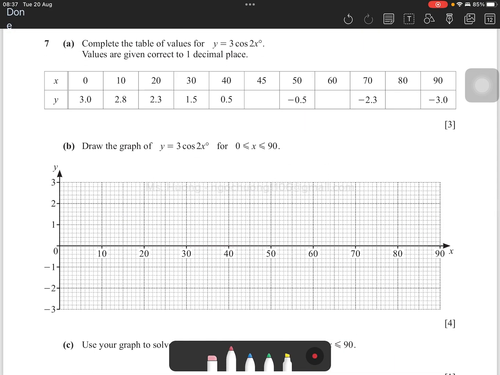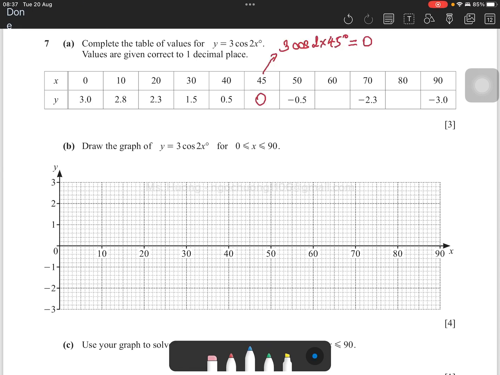Question 7. Complete the table of values for y equals 3 cos 2x. For x equals 45 degrees, 3 multiplied by cos 2 times 45 degrees is equal to 0. So y is equal to 0 for this.